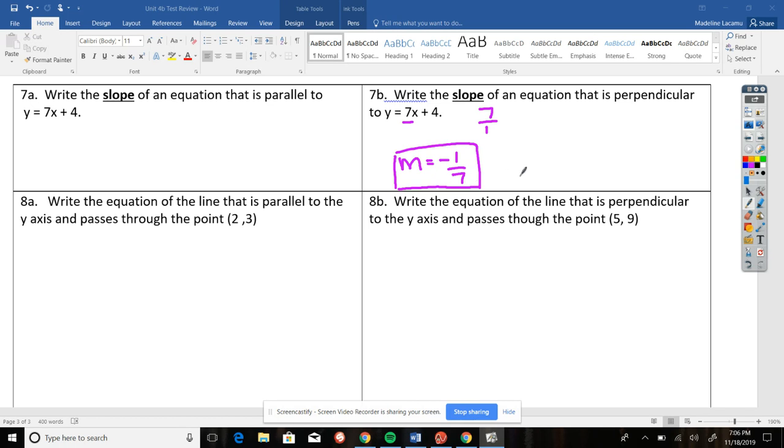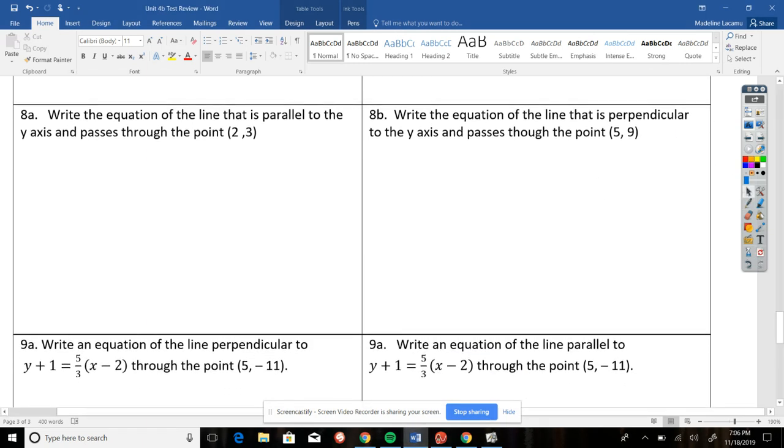Now it wants us to write an equation of the line that is perpendicular to the y-axis and passes through 5, 9. So to be perpendicular to the y-axis, let's just go ahead and draw a coordinate plane.